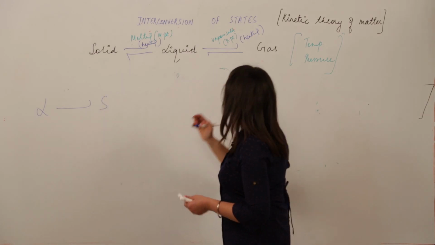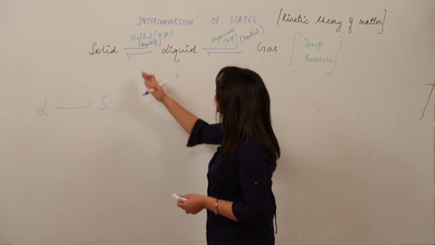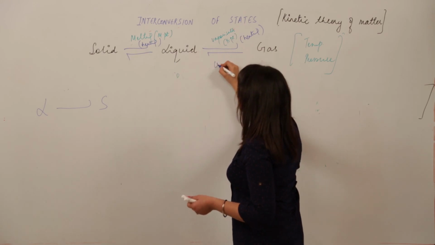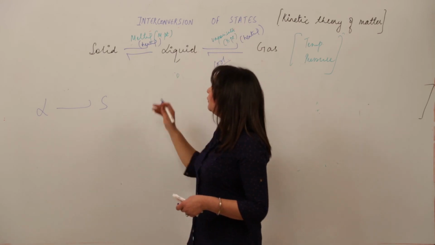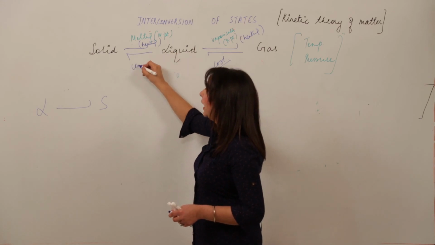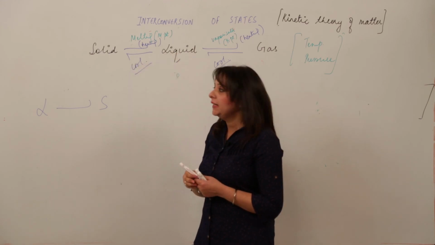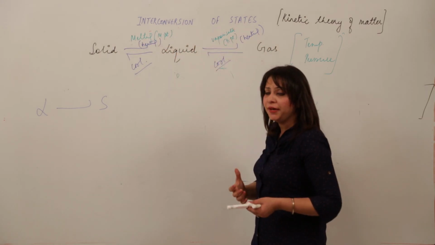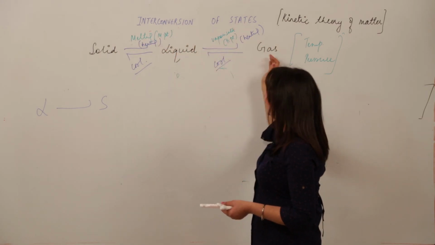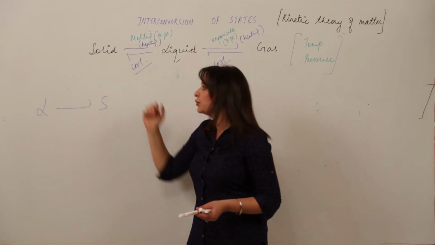When we want to convert gas to liquid, we have to cool it, that means by lowering the temperature. Similarly, when we wish to convert liquid to solid, again we have to cool it. By raising the temperature, we convert solid to liquid, liquid to gas, but by decreasing the temperature, that is by cooling, we convert gas to liquid or liquid to solid.